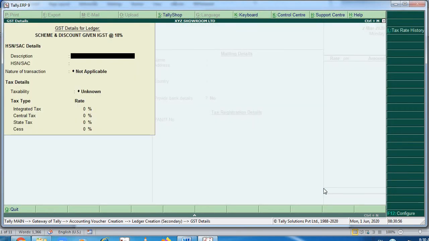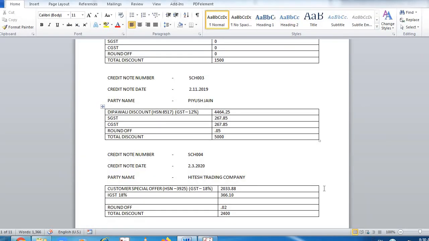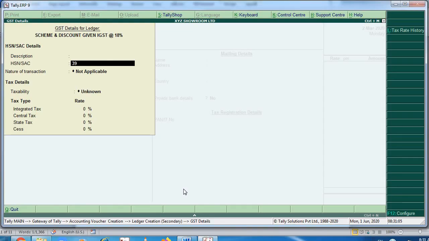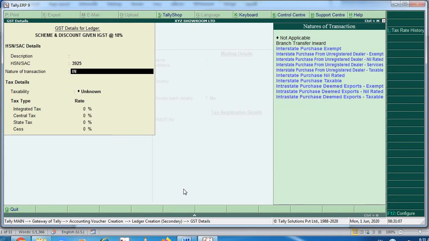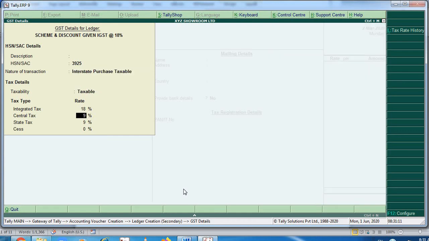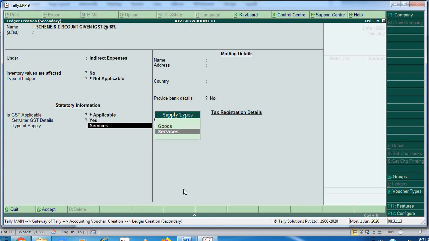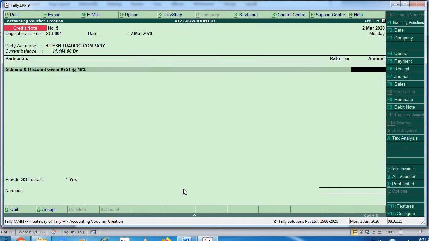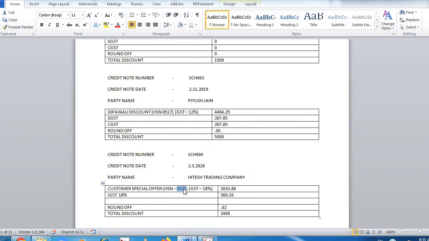Yes, applicable. HSN number is what? 3925, I got from here. 3925. Yes, interstate purchase taxable 18%. Enter. Fantastic. Enter. Good.